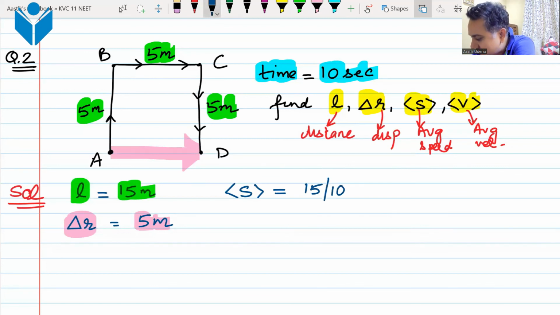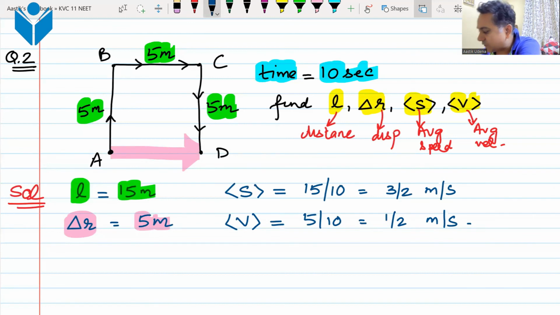Total time is 10. So it is 15 divided by 10. It is 3 by 2 meter per second. Very good. What about V with a bar, average velocity? 1 by 2. Good. Total displacement is 5. Total time is 10. So it is 1 by 2 meter per second.